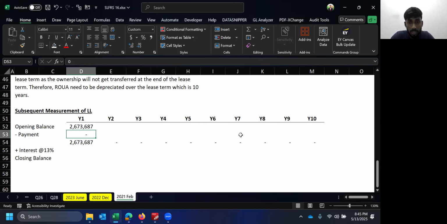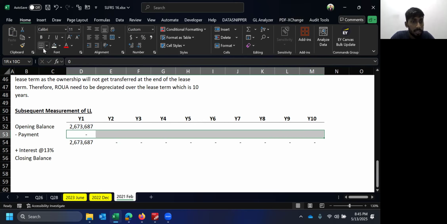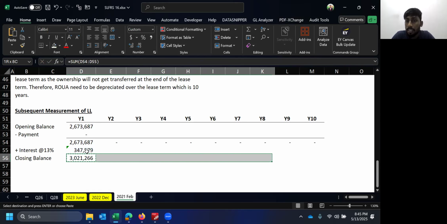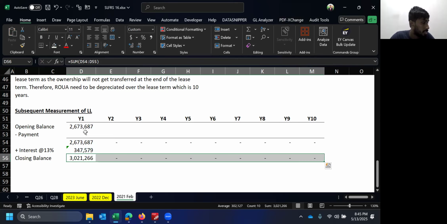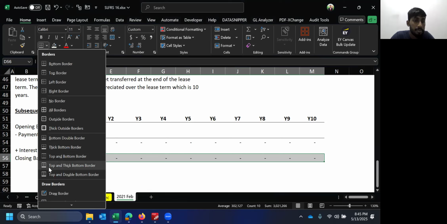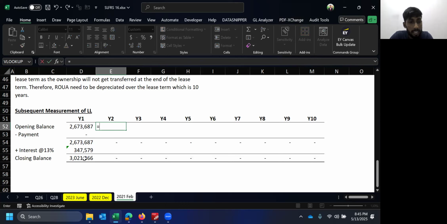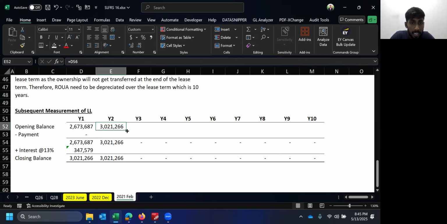Okay, so this is just a subtotal. Then for that I have to add the interest at 13%, then I can get the closing balance. Okay. Then next year's opening would be the last year's closing.